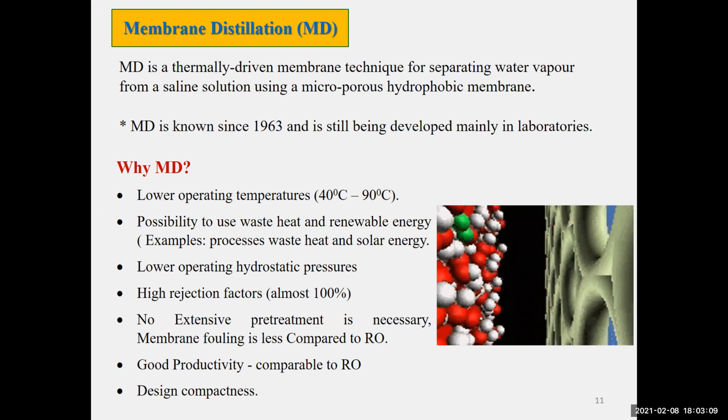You can make your system all out of plastics, and you don't worry about scaling. Productivity is good, and it is compact in design. That's another benefit of a unit like that. We are talking about membranes, which can be arranged in a flat sheet shape or a spiral wound shape, so you have a compact design for the unit.